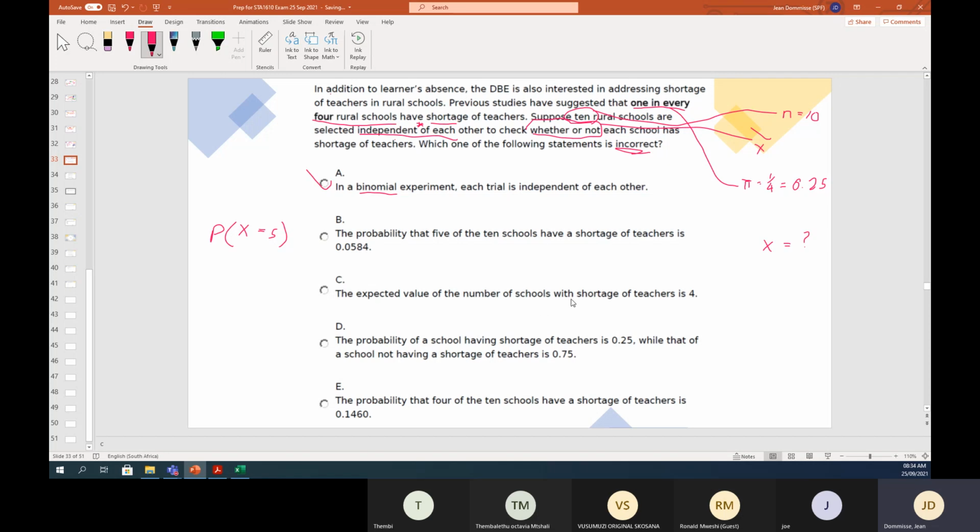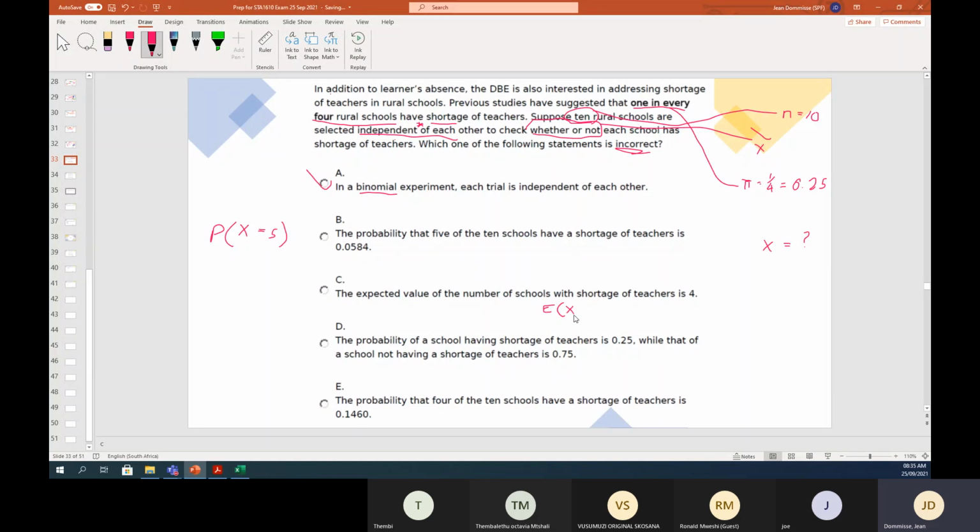Okay, so now we need to go back to the expected value, how we work that out for a binomial distribution. The expected value is a simple calculation, so let me write it in here.